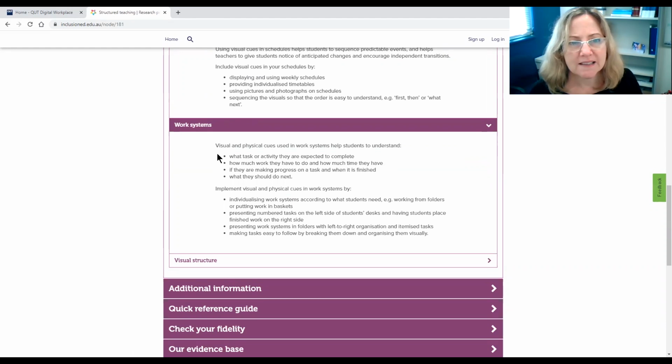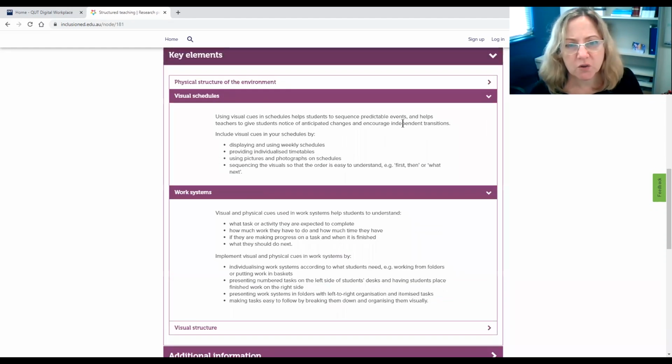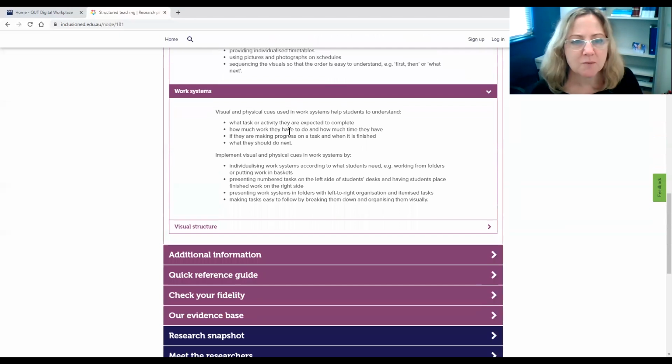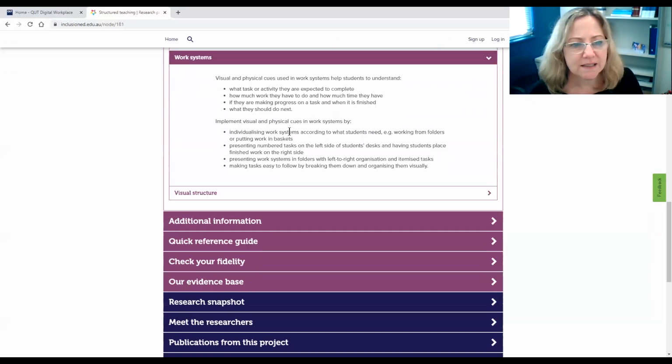And I can see here that it's about providing visual and physical cues to sequence predictable events, and it helps teachers to give students notice of anticipated changes and encourage independent transition. So that's really interesting, and that's really applicable to what I'm interested in.